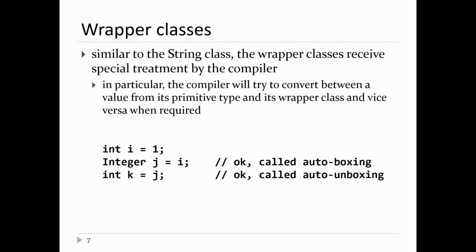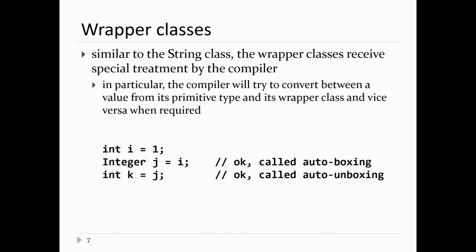So I can make an Integer object, give it a name j, and I can store the value 1 in that, and that works. What happens here is that the int value gets used to create an Integer object whose value is 1, and you store a reference to that Integer object in j. That's called autoboxing: convert a primitive type to its corresponding wrapper type.